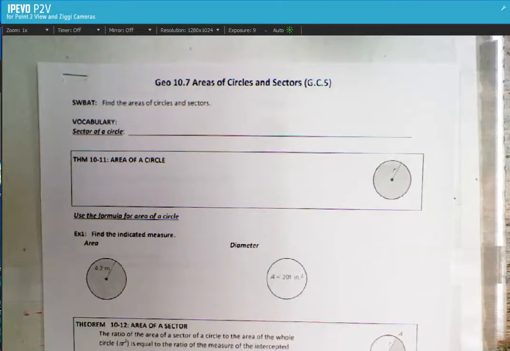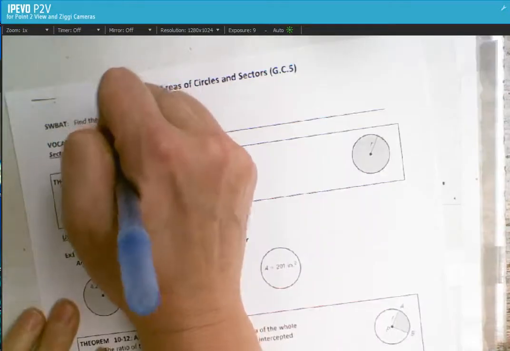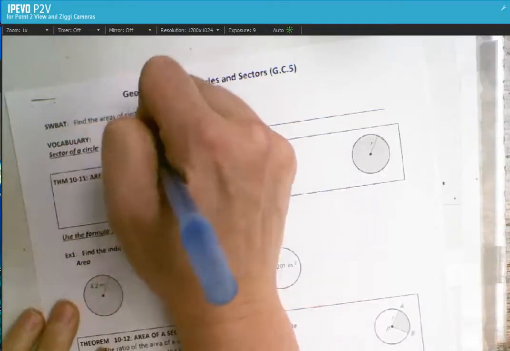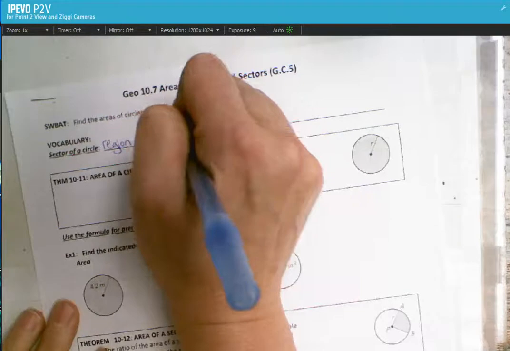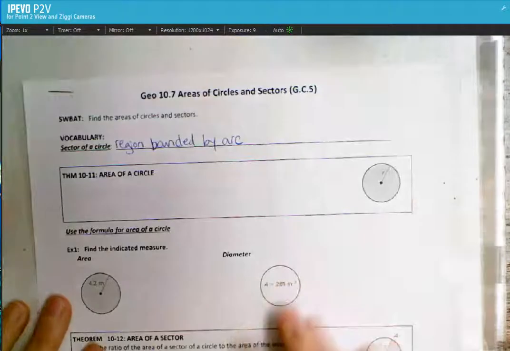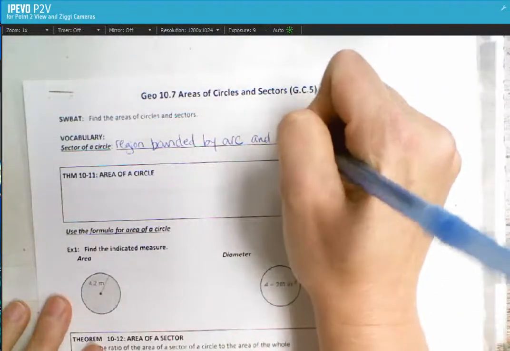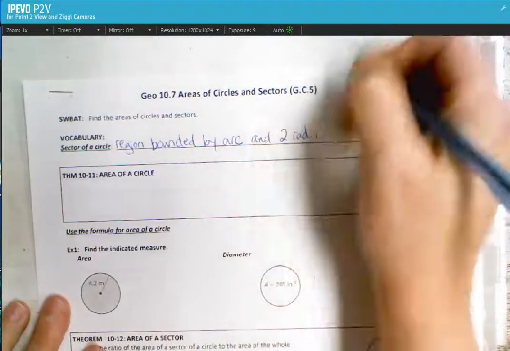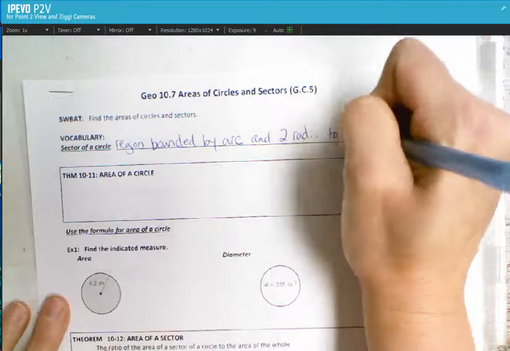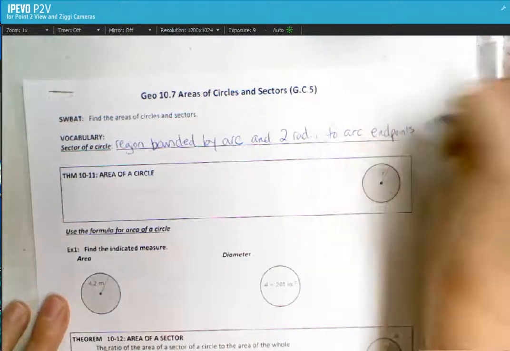So let's get started. The sector of a circle is defined as the region bounded by an arc of the circle and two radii to arc end points.